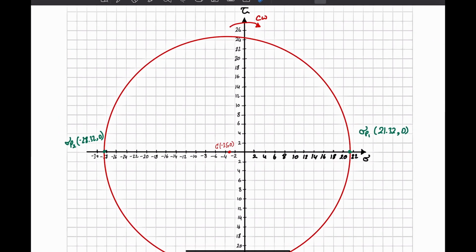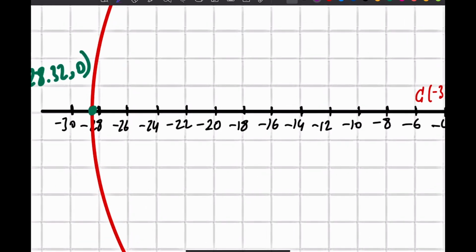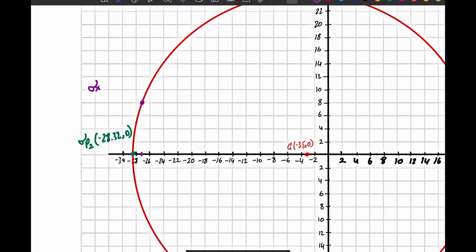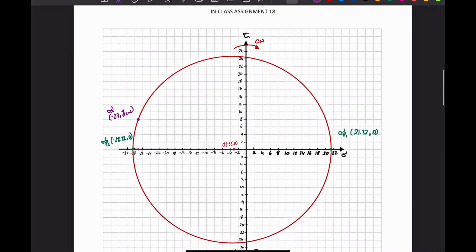Clockwise is up, so I'm going to go from here to here. Whenever I hit the circle, this should be 8, and here is 27. So this should be sigma x, negative 27 and 8 clockwise.